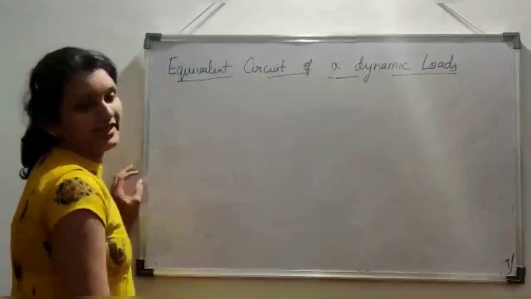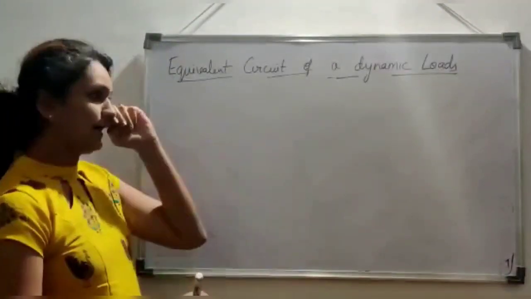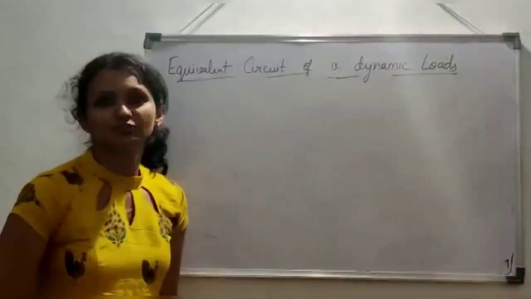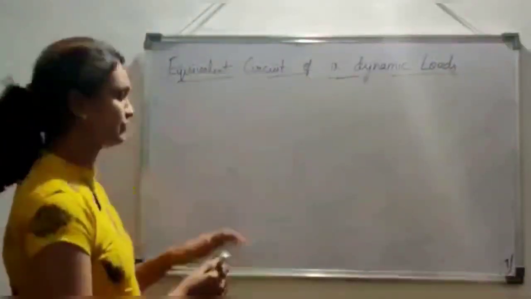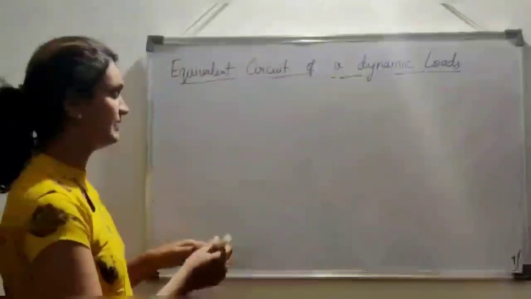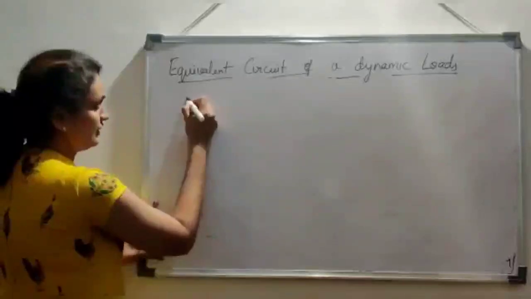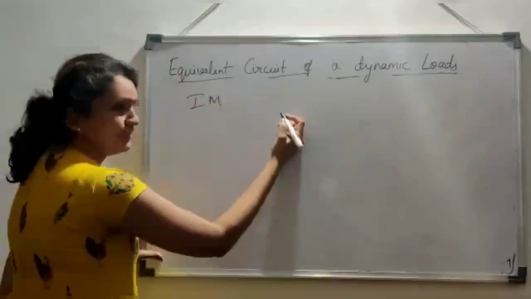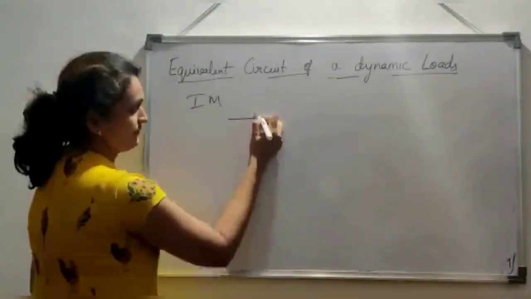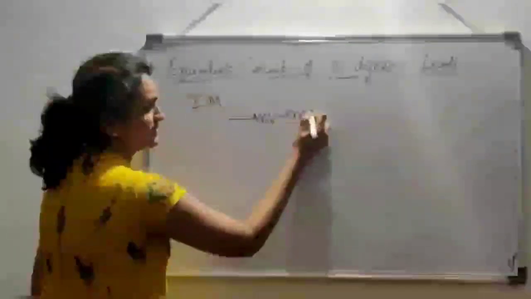Next is the equivalent circuit of a dynamic load. So dynamic loads are basically the synchronous motors and induction motors. Synchronous motors we have already discussed in the beginning. So let me just discuss the induction motor. In the induction motor, you have the stator.